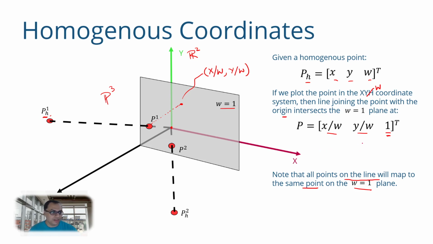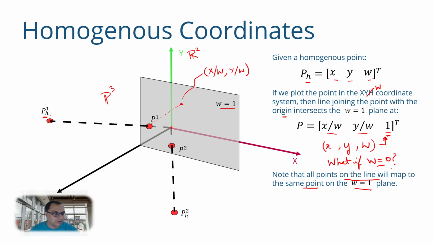The first one is: I said that if you have x, y, w, then you divide by w to get the Euclidean point. Now what happens if w is 0?